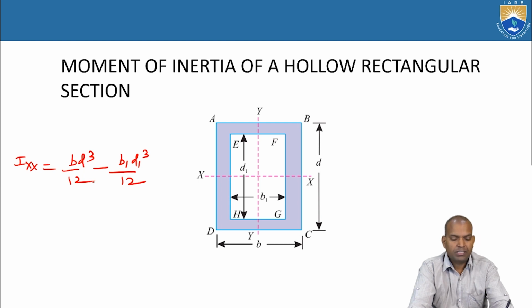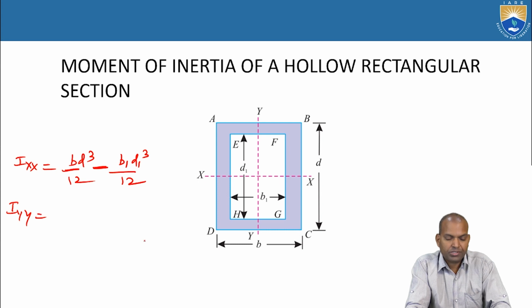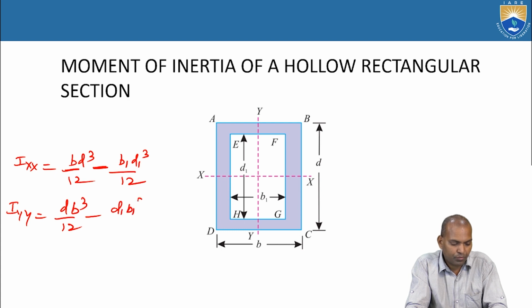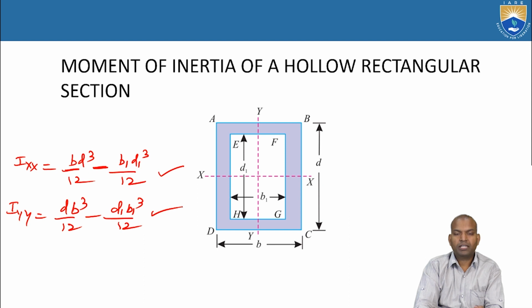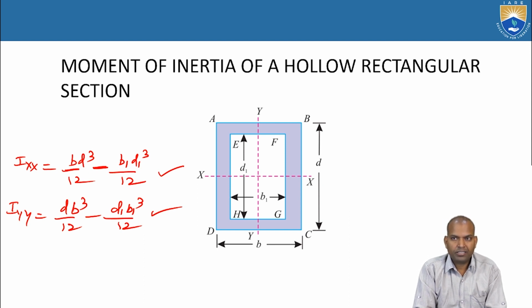This is the derived expression for the moment of inertia of a hollow rectangular section parallel to the x-axis. About the y-axis, again it is D B cubed by 12 minus D1 B1 cubed by 12. These are the expressions for the moment of inertia of a hollow rectangular section.